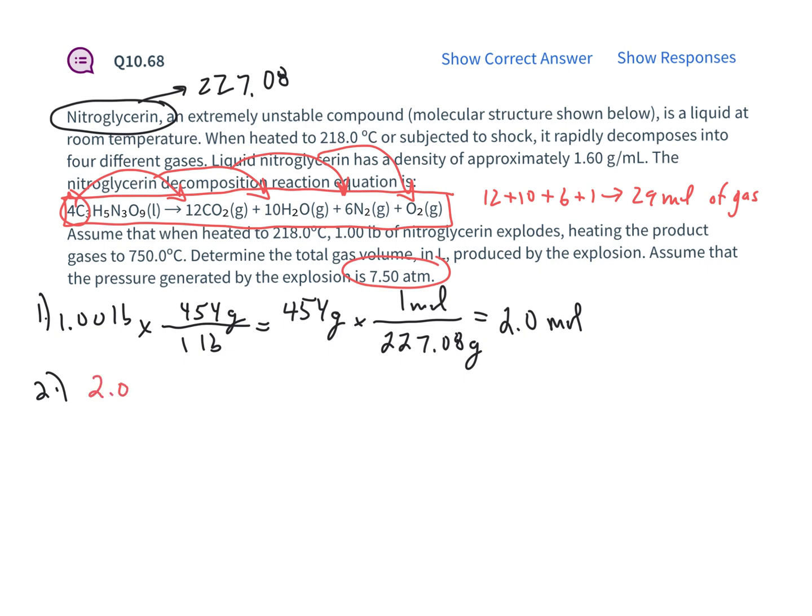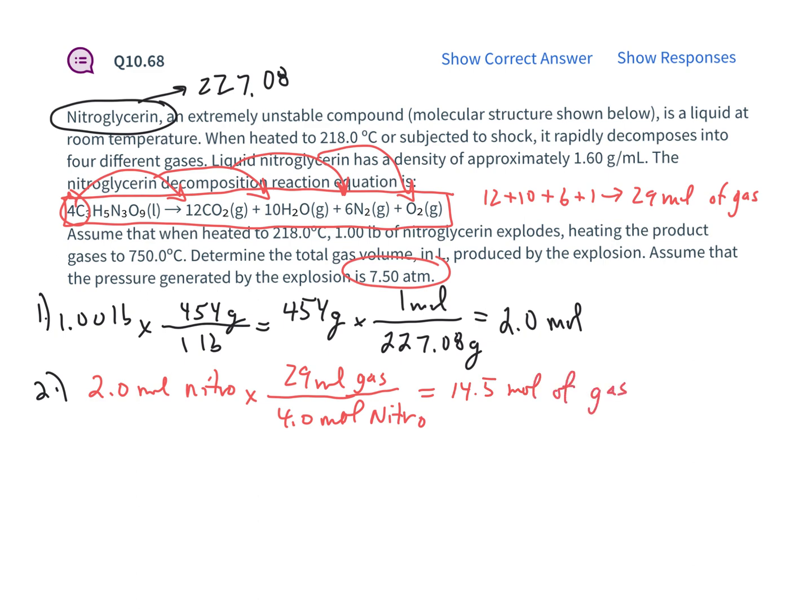So I put in 2 moles of nitroglycerin, and the balanced equation tells me for every 4 moles of nitroglycerin, I'm going to produce 29 moles of gas. So essentially I'm dividing 29 by 2 to get 14.5 moles of gas.